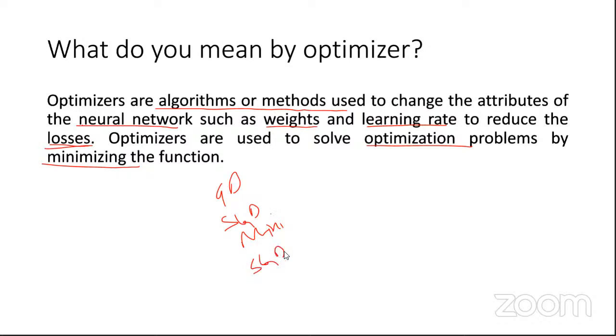We have one more optimizer, NAG, which is called Nesterov accelerated gradient, and we have AdaGrad, where Ada means adaptive gradient, AdaDelta, and RMSProp. We have so many optimizers based on requirement, and this is also a hyperparameter tuner. Based on our requirement, we select one of the optimizers and use it for the neural network.